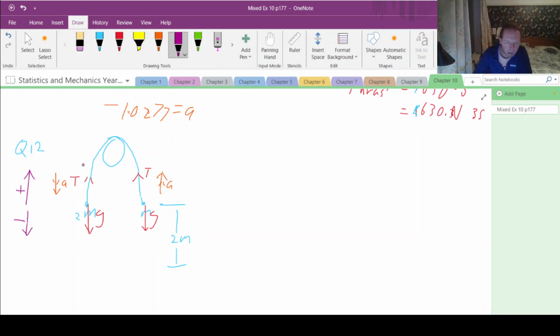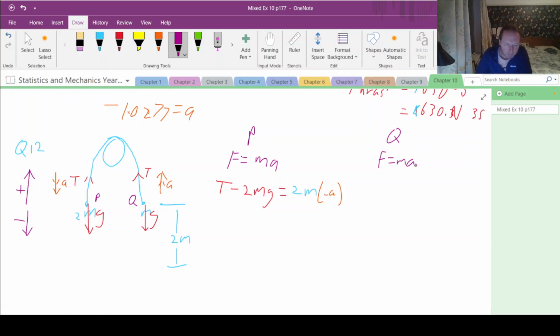So working on which side was which, this is P, this is Q. Working on P, I'm going to set up F equals ma, and so my forces, I've got a tension force going up, minus a 2mg force going down, and that's equal to my mass, which is 2m, times my acceleration, which is minus a.